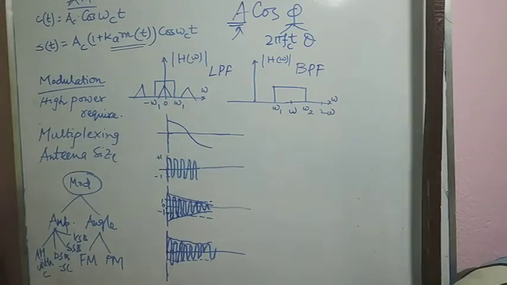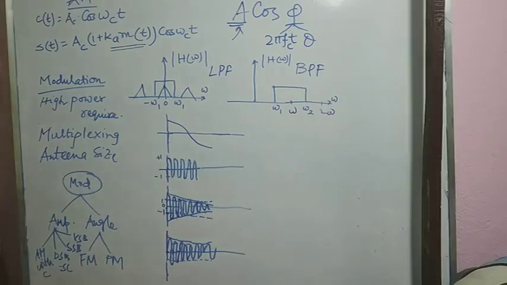In case of carrier modulation, what is actually sent? The carrier signal is sent along with the message signal or modified by the message signal. Therefore, it requires a carrier signal. Therefore, it is carrier modulation.